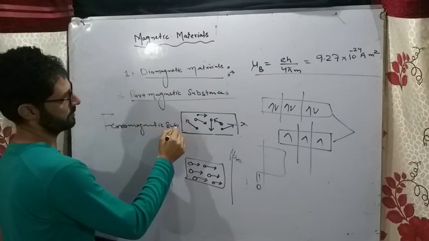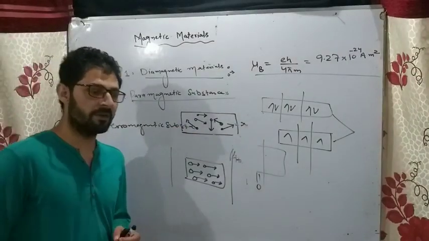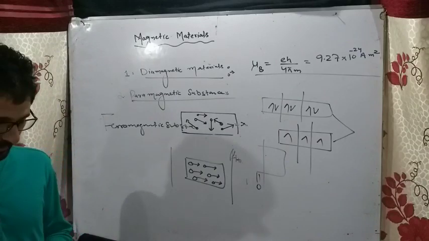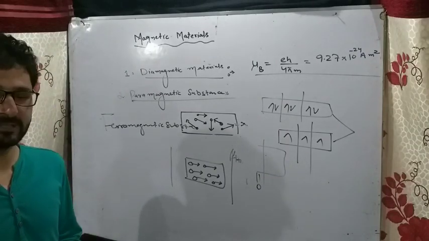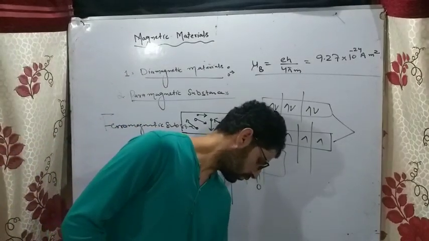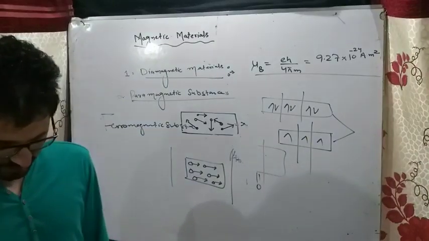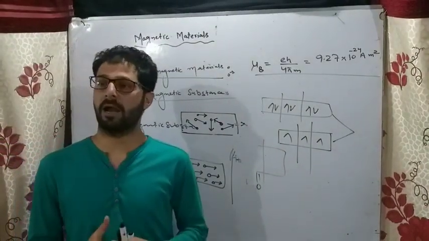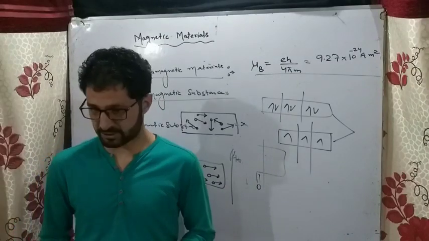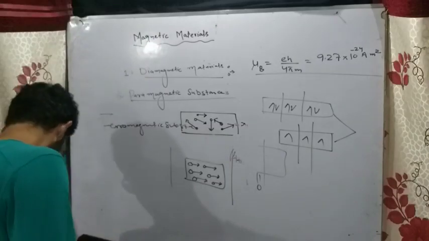Ferromagnetic substances are those substances which are strongly attracted by the magnet, or which are strongly magnetized in the direction of applied magnetic field. Those substances which are strongly magnetized by the magnet, or which are strongly attracted in the direction of applied magnetic field are called ferromagnetic substances.